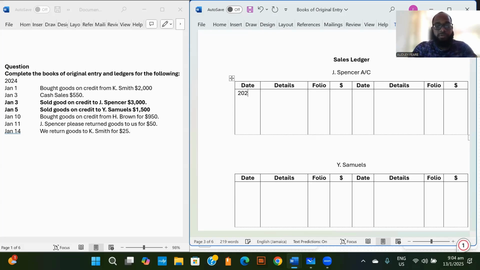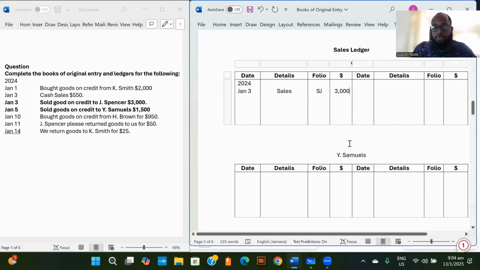So 2024, and the date for J. Spencer was January 3. The details would be sales because we sold to them. The folio here tells where the information is coming from, and this information is coming from the sales journal that we did before. So we put SJ, you can give it a number, and it should match back. And then with the amount of money, we would put the $3,000.